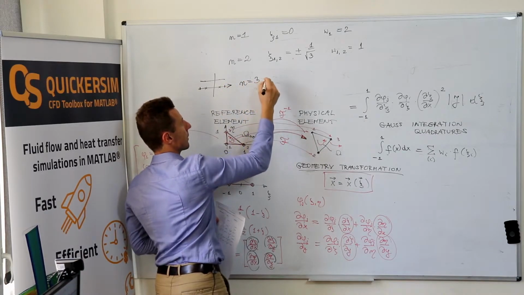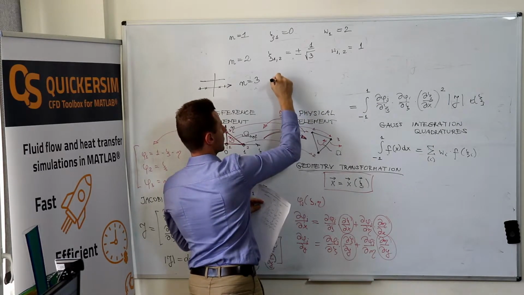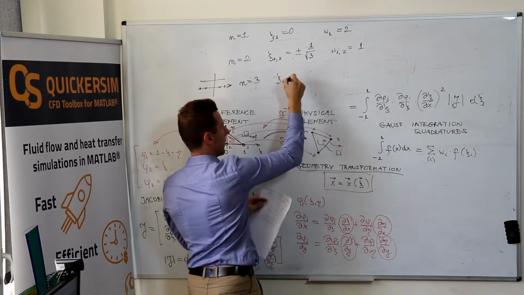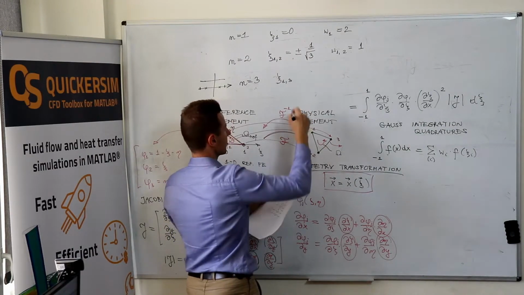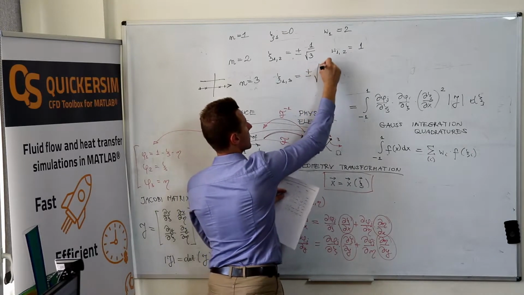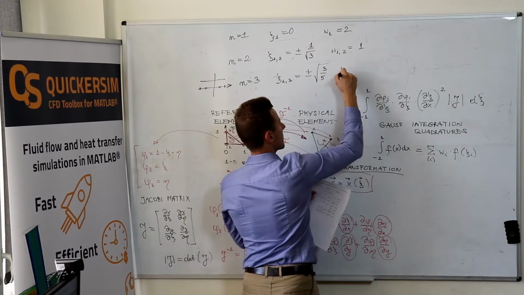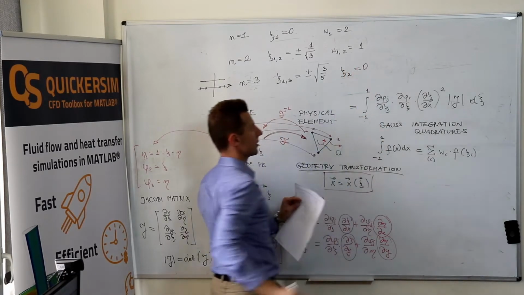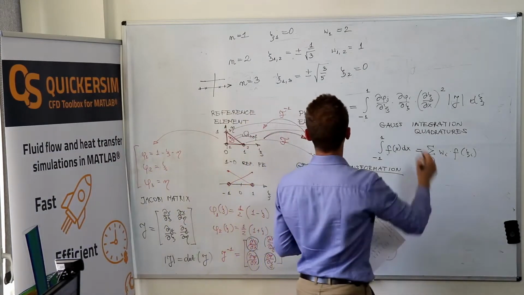If we define the Gauss quadrature with 3 points, it turns out that xi 1 and 3 are symmetric, and they are plus and minus square root of 3/5. Xi 2 is also symmetric, it's just at 0.